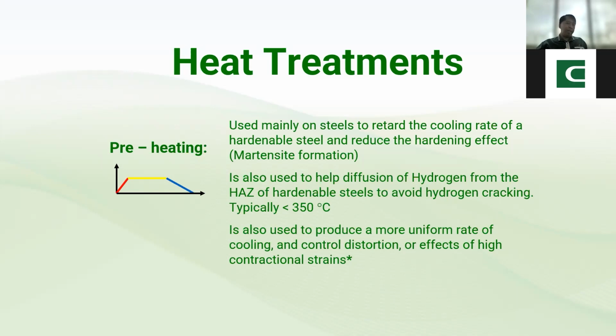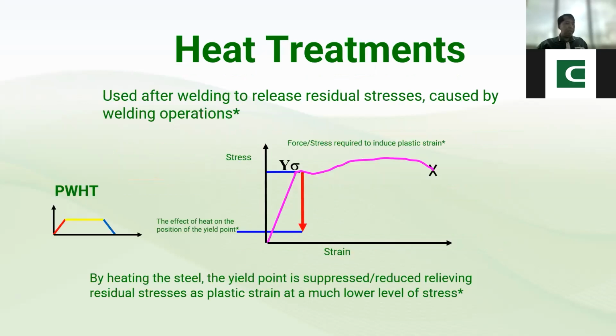And also, preheating slows down the cooling and avoids distortion of your material. So naiwasan din ang distortion sa ating material. And this one, idi-discuss ko sa inyo thoroughly mamaya on another slide.